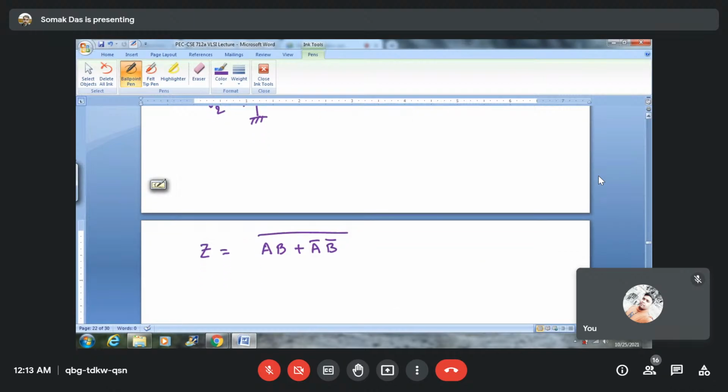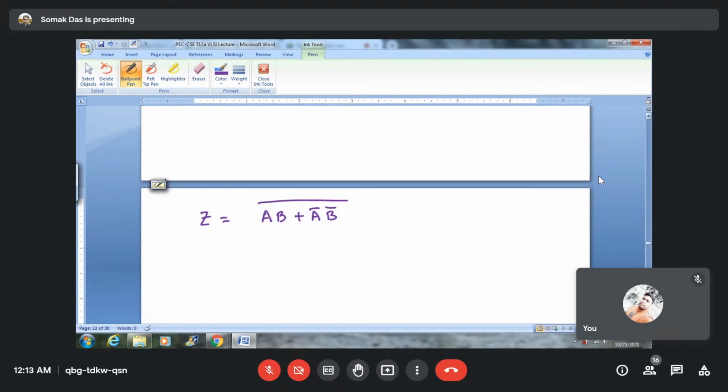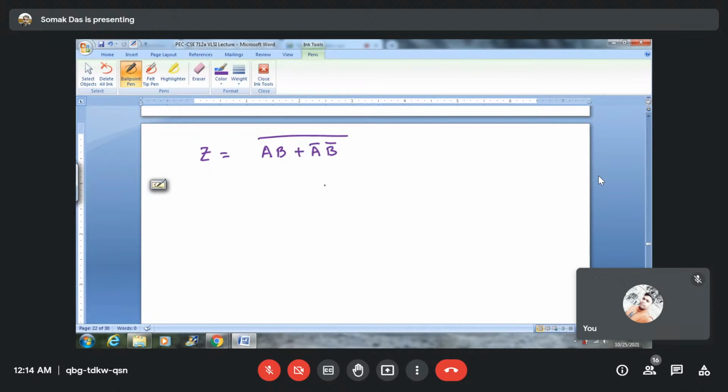So what is this expression all about? This is the inverted expression. Within the inversion bar, you have the expression AB plus A bar B bar. If you consider both A and A bar as two separate Boolean variables, then you can draw the PMOS circuit in a much simpler fashion.